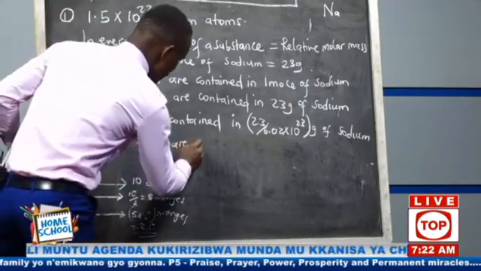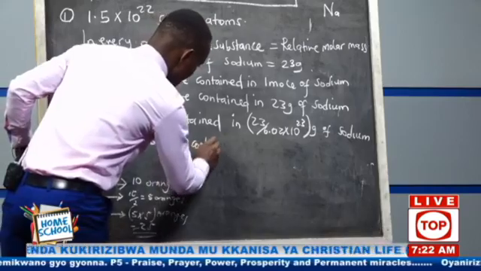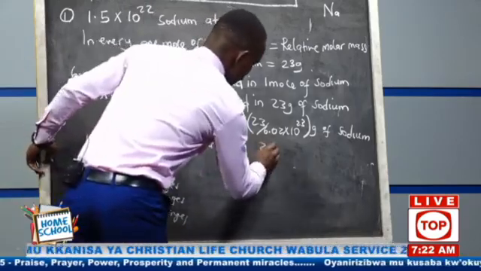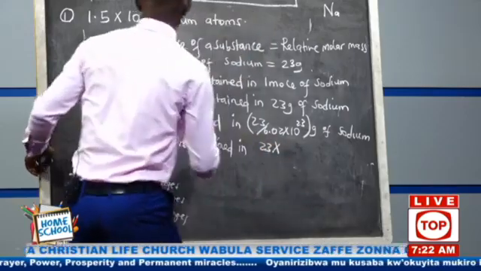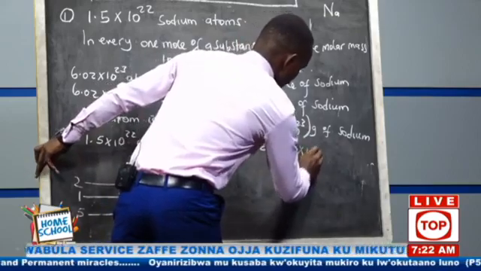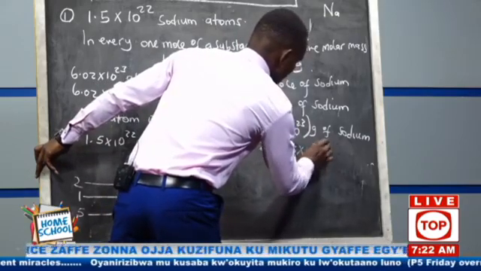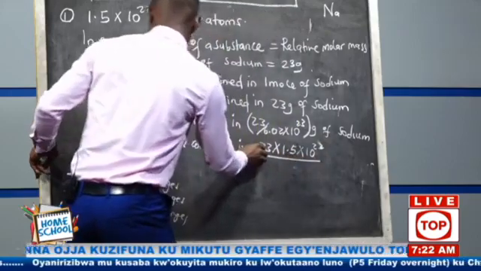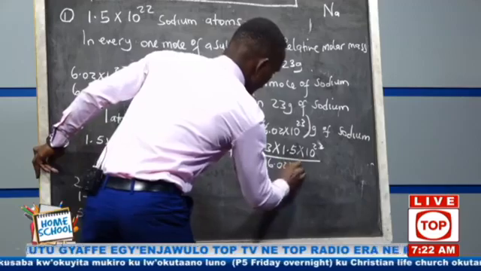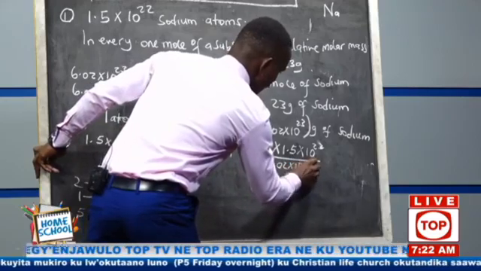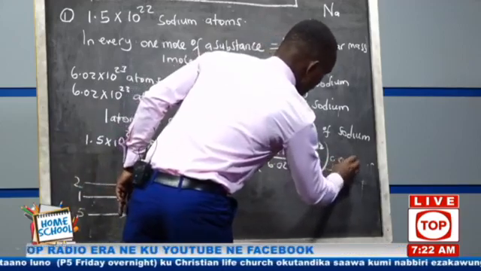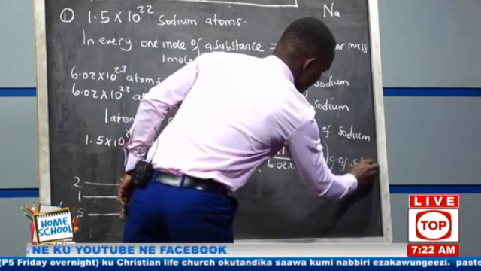That means they will be contained in 23 times 1.5 times 10 power 22 divided by 6.02 times 10 power 23. And what you get here will be the grams of sodium.